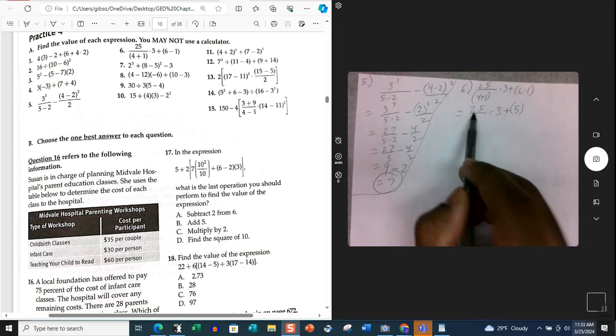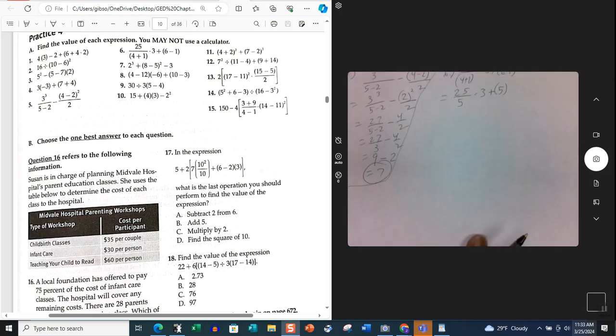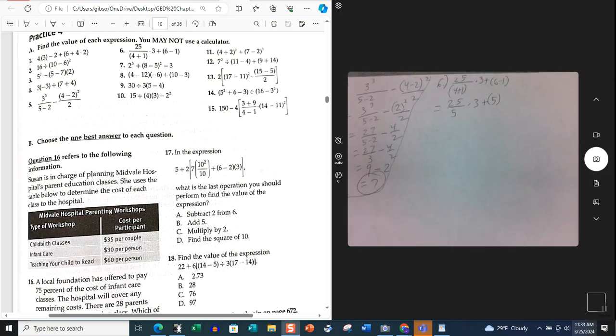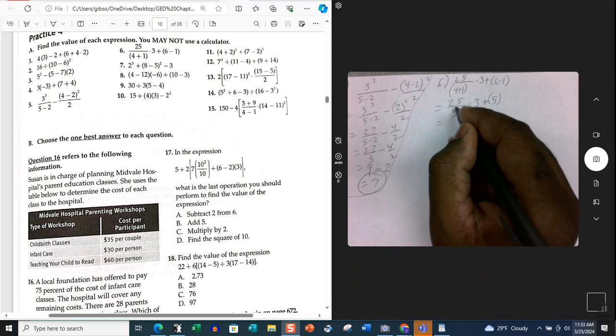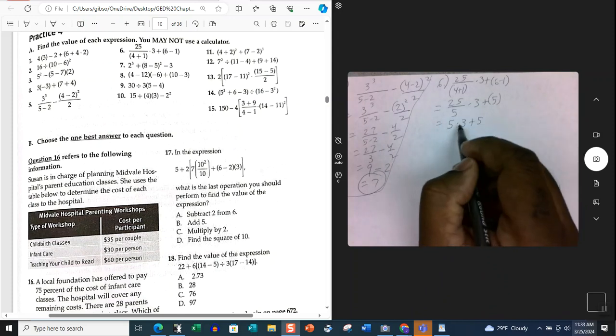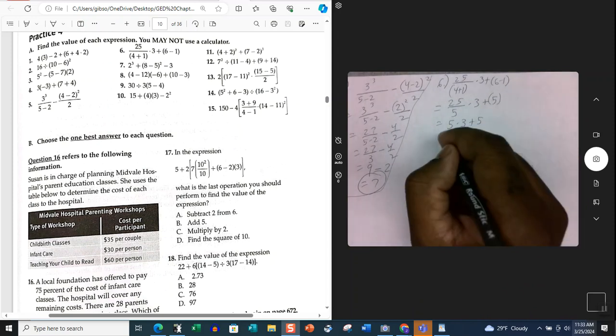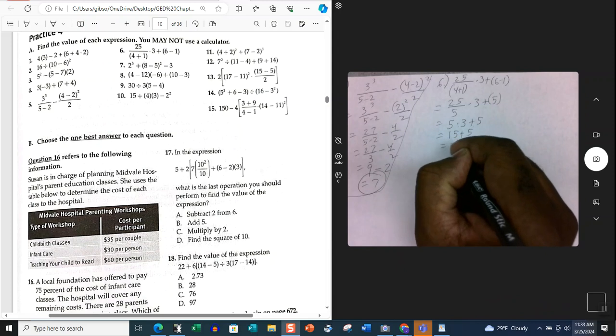Now we're left with division, multiplication, and addition. Remember, I told you, when we're dealing with multiplication and division, it's whichever one comes first from left to right. In this case, division came first. 25 divided by 5 is 5, times 3 plus 5. So we have multiplication and addition. 5 times 3 is 15 plus 5, which will give us 20.